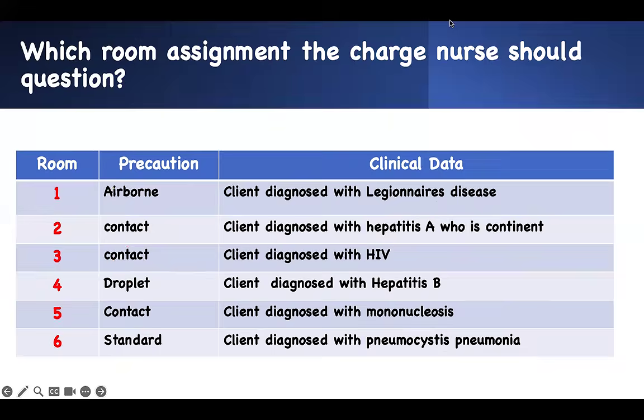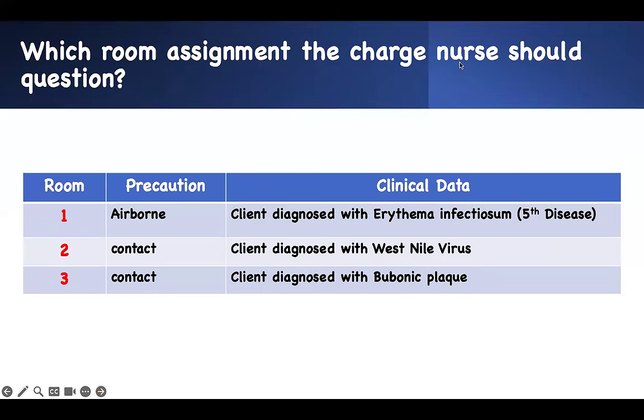The next group is a client diagnosed with erythema infectiosum. This is fifth disease. It is caused by Parvovirus B19. It's a slapped cheek rash on their face.